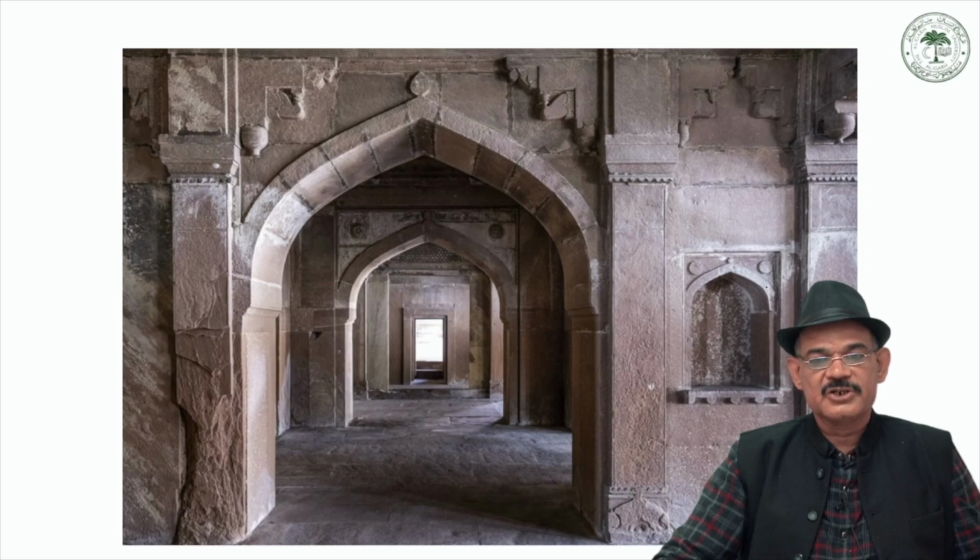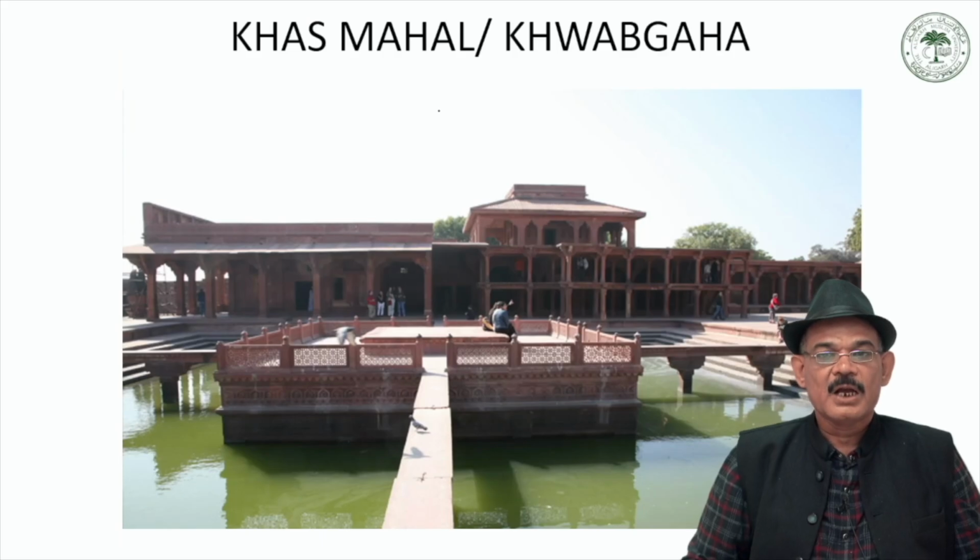This is an arched niche, and these arches are put inside the trabeated formation. The corbelled brackets, the pendulous brackets, are also there, and these arches have been built in such a way that they are accommodated inside the trabeated buildings.